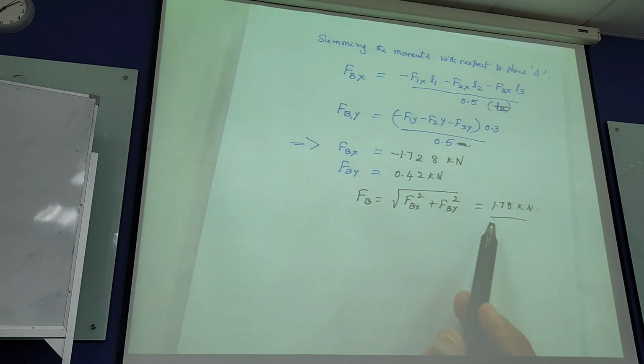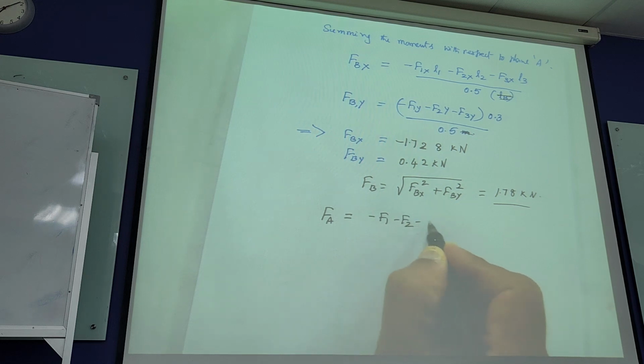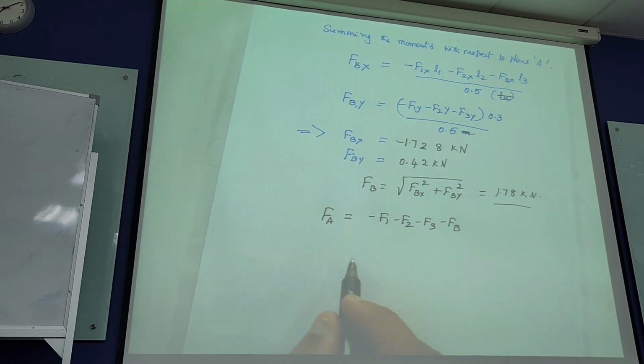You agree with the values? So once you know force B, then you can calculate force A. The balancing force at A will be negative of F1, negative of F2, negative of F3, negative of FB.